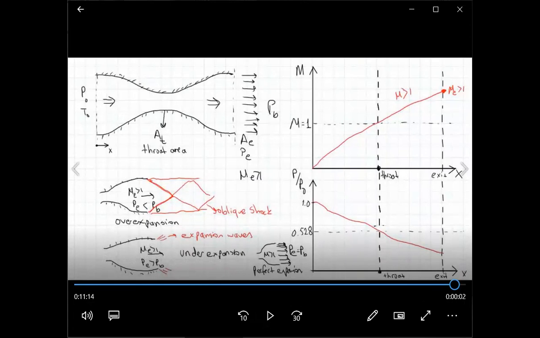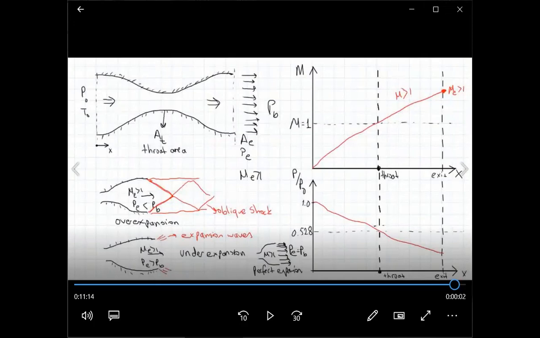When we have a supersonic exit Mach number, we don't know if it's going to be equal to P_B or not. It may be equal, and if it is equal, that's perfect. We call it perfect expansion. It's the best situation because there will be no shock waves outside or inside. It's a perfectly supersonic jet exiting. So this is one of the possibilities.